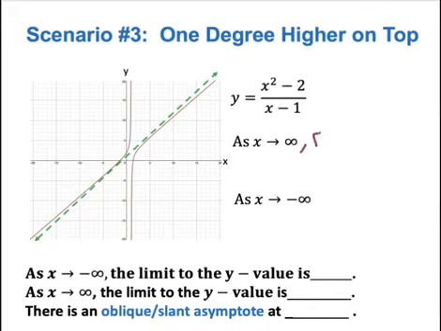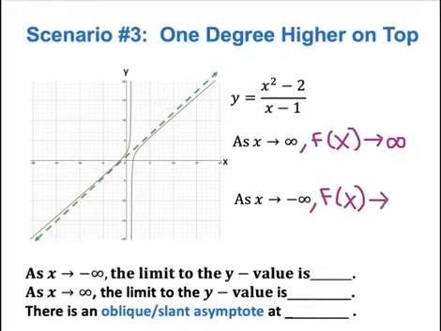So we can say that f of x is approaching infinity. And as I move towards the left, as x approaches negative infinity, notice that the function values are decreasing without bound. So as x approaches negative infinity, f of x approaches negative infinity.